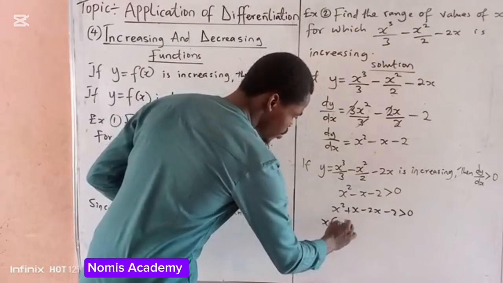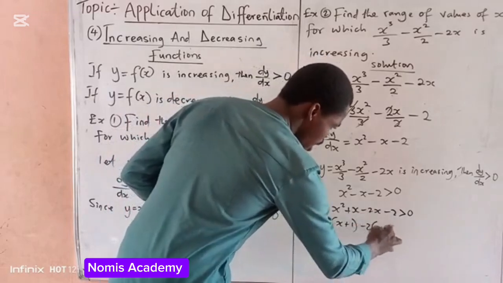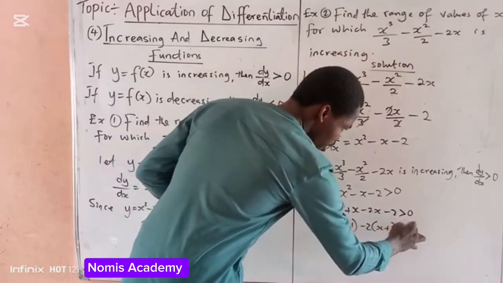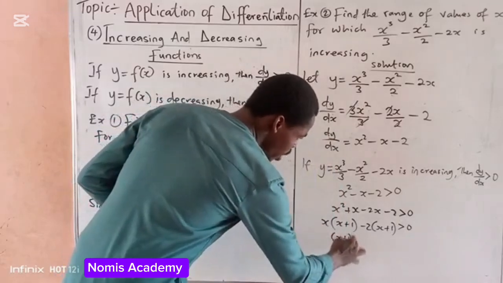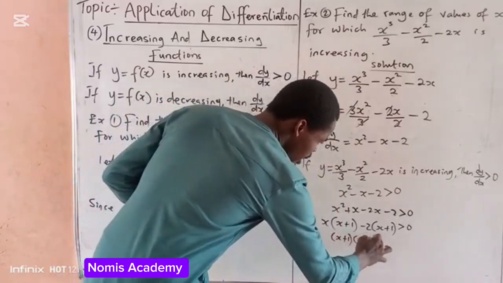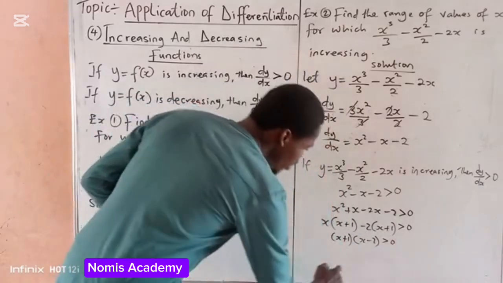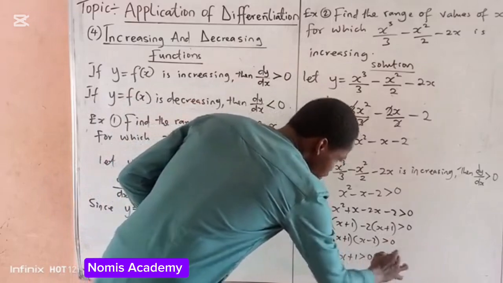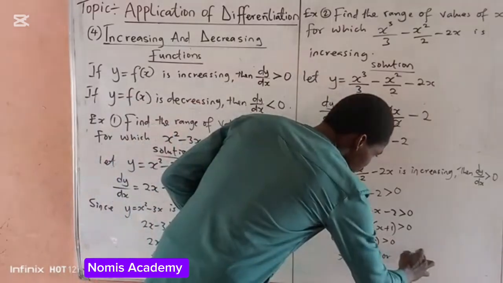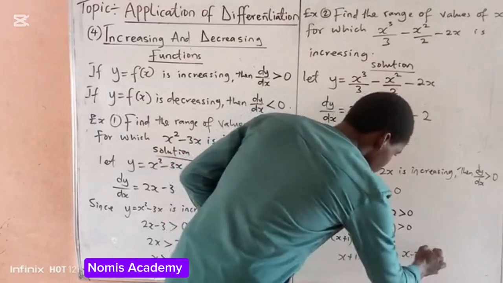Here we have x plus 1, and then minus 2 times x plus 1 greater than 0. So the two terms we have are x plus 1 and x minus 2 greater than 0.